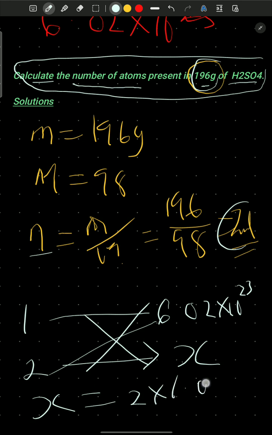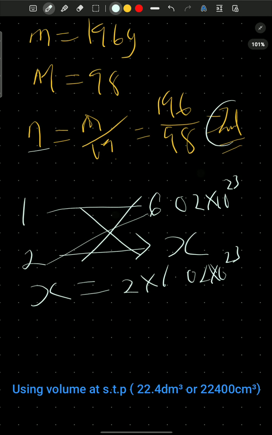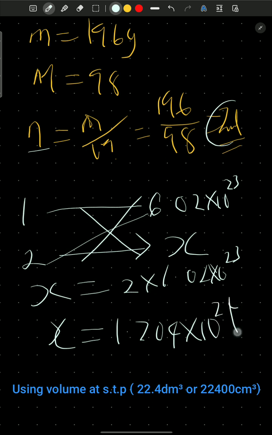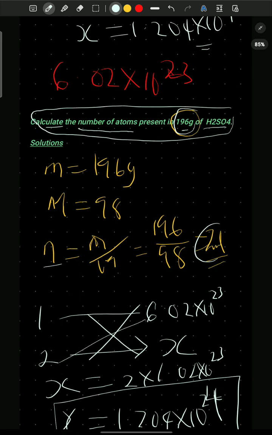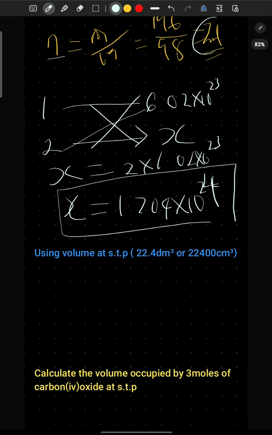That gives x equal to 1.204 times 10 raised to power 24. So that is what we are going to get. I hope that is clear to you. It means that with any of the formulas you use, you get this.